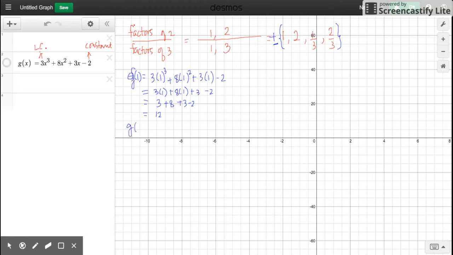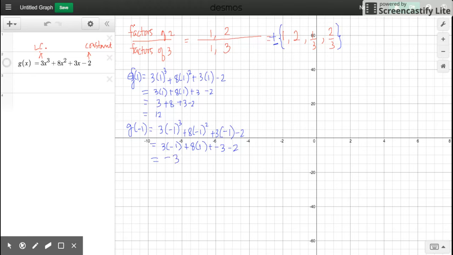Now let's do g of -1. Is -1 a 0? Let's find out. 3 times -1 cubed plus 8 times -1 squared plus 3 times -1 minus 2. This is going to be 3 times -1, because -1 times -1 times -1 is -1, plus 8 times 1 plus -3 minus 2.